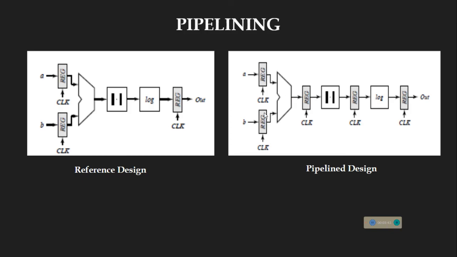When we apply the next clock, the absolute value of A0 plus B0 is found and moves on to the logarithmic function, giving log of modulus of A0 plus B0. At the same time, we calculate modulus of A1 plus B1, and at the same moment A2 plus B2 is being calculated.